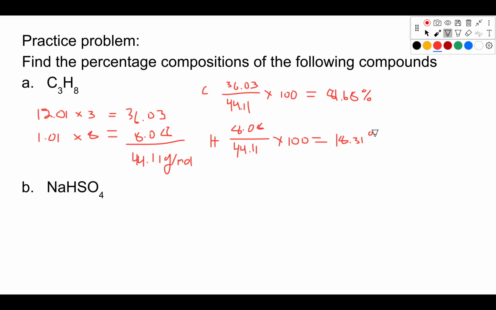And so if we sum those up, we find that we're at about 99.9%. So we must have done this correctly.